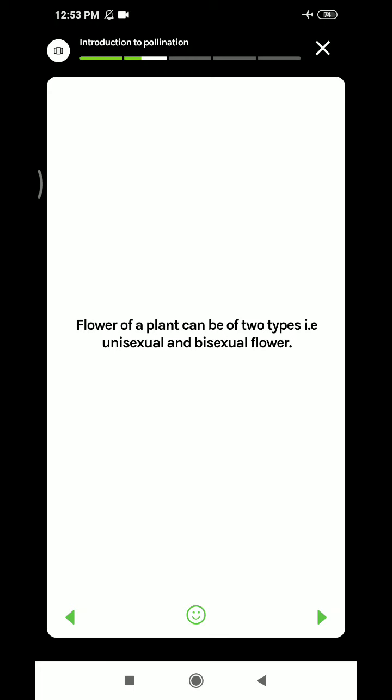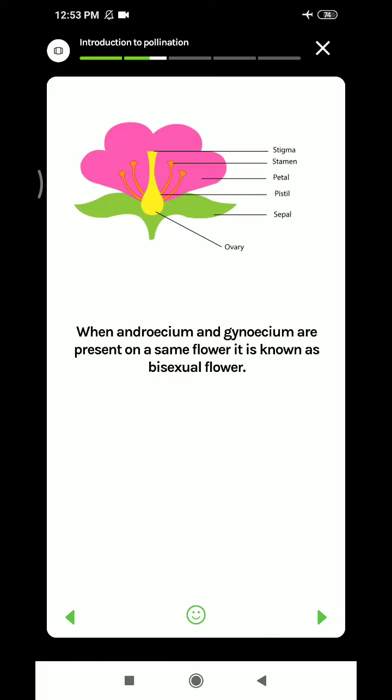Flowers of a plant can be of two types, that is unisexual and bisexual flowers. So what is a bisexual flower? If a flower has both androecium and gynoecium, it is called a bisexual flower. That means in that flower both the androecium and gynoecium are present on the same flower.